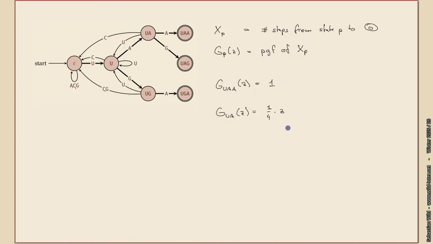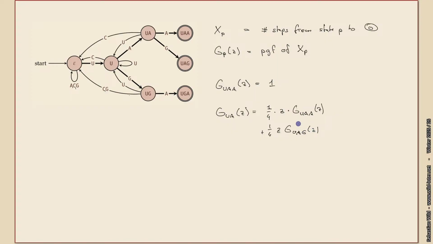The product of the probability generating functions corresponds to the sum, so I'm multiplying. And here I'm going to just take GUAA. That's what I get in this first case. Then I get symmetrically for the second UAG.